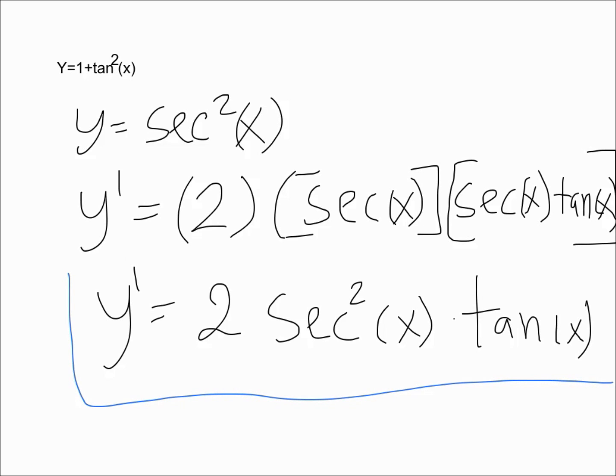So knowing the identities can make your life easier when solving these problems. And I'll solve 2 more problems, so let's go to the next. We have that the secant to the third of 2x is our function. This problem is pretty similar to the previous one, in which you have to use the power function again. So let's do that.